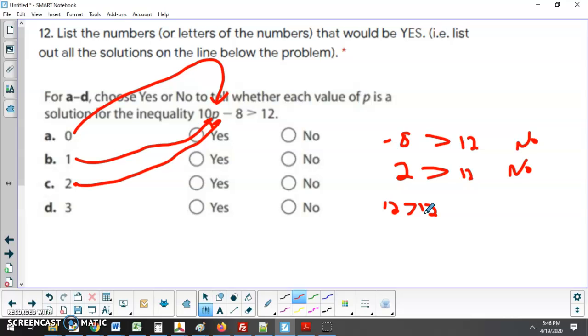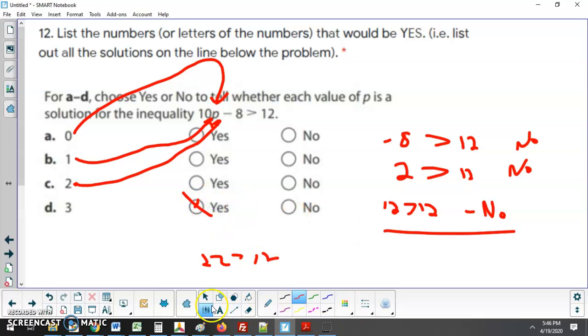You need to think about that. Is the number 12 greater than the number 12? 12 is not greater than 12. So that answer is no as well. But if you put 3 in, you get 22, and 22 is greater than 12. So that one's yes.